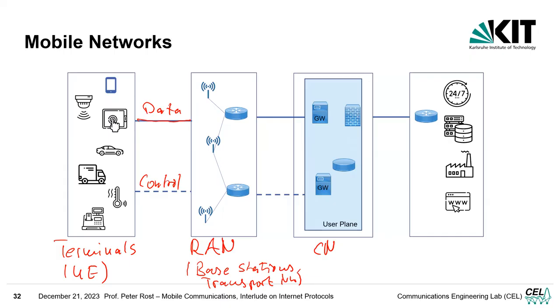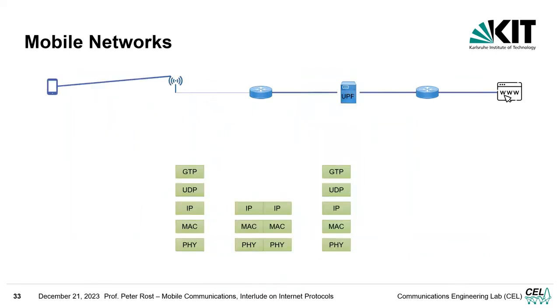And finally, we have here our data network, mainly the internet. Yeah? So when you, for instance, want to access a website, it's in the data network.